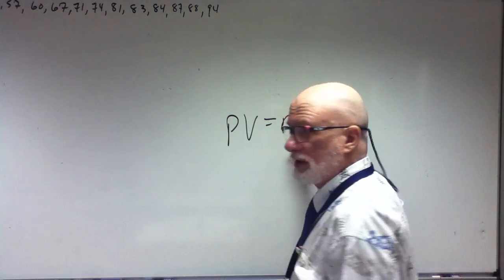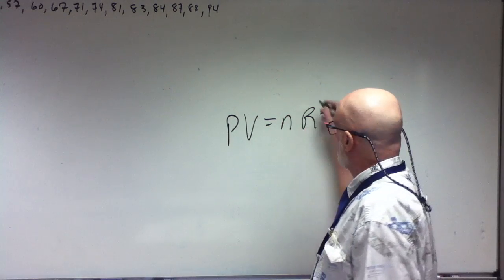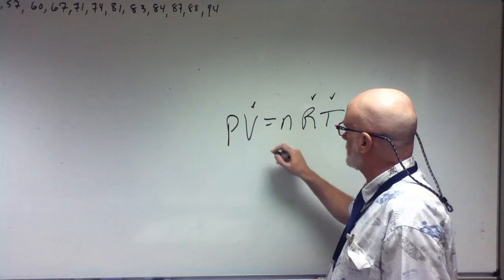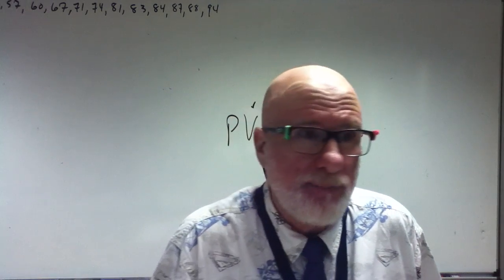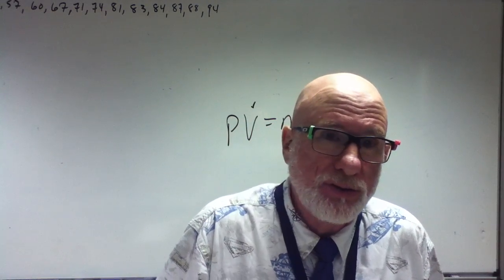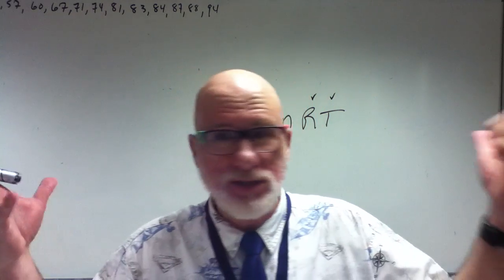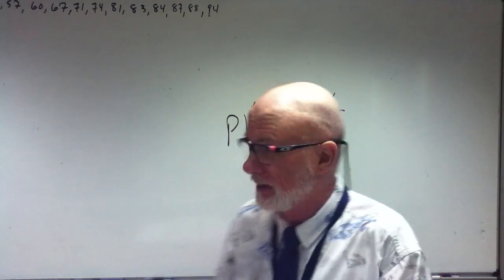R is a constant. It's called the ideal gas constant. So constant, constant, constant. So only pressure and moles are varying. What does that equation say about the relationship between pressure and moles? Well, they're directly proportionate. If they're on opposite sides of the equation, they're directly proportionate.